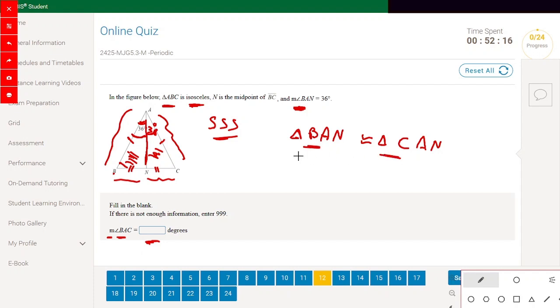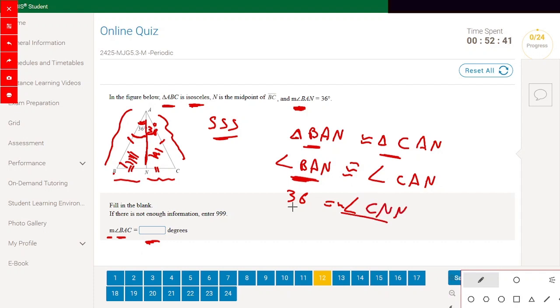Because they are congruent, angle BAN will be congruent to angle CAN, okay? And angle BAN is 36, so that means 36 would be equal to the measurement of angle CAN, okay?